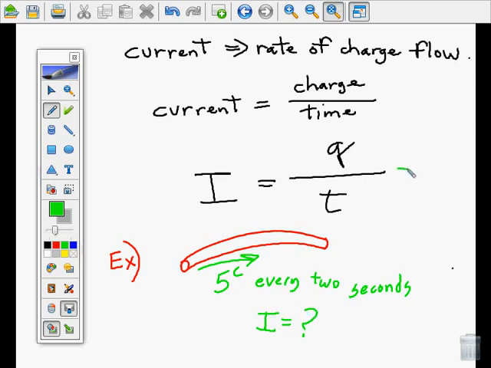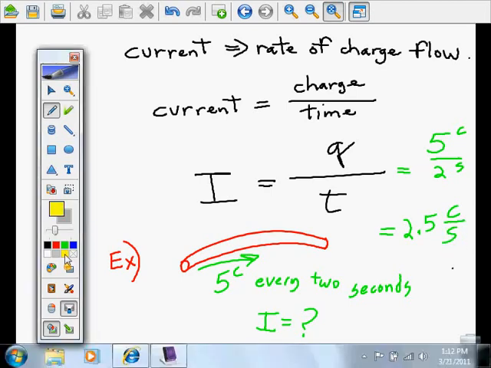So we come right to here. We know it's charge per time. So 5 coulombs pass a fixed point every 2 seconds. So in our little example here, 5 divided by 2 is going to be 2.5. And then what you see is what you get with the units at first. So it's 2.5 coulombs per second.